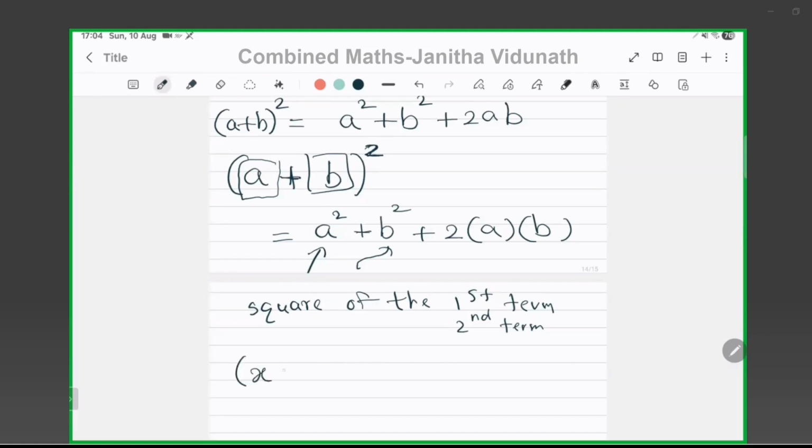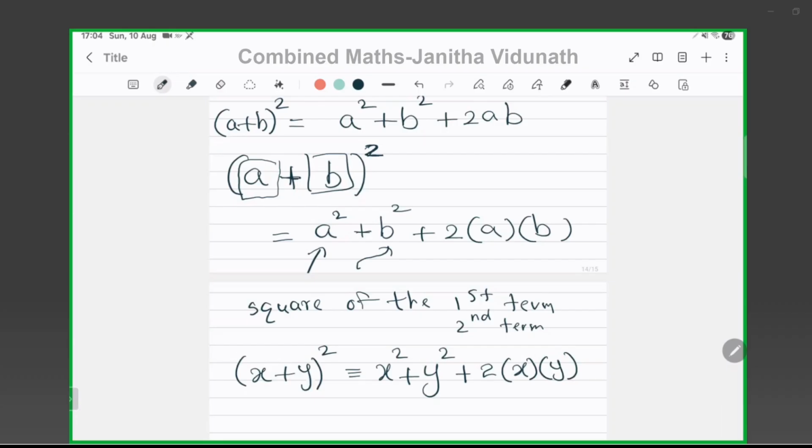If we have (x + y) whole square, we can expand that as the square of the first term and the square of the second term and 2 times first term times second term.